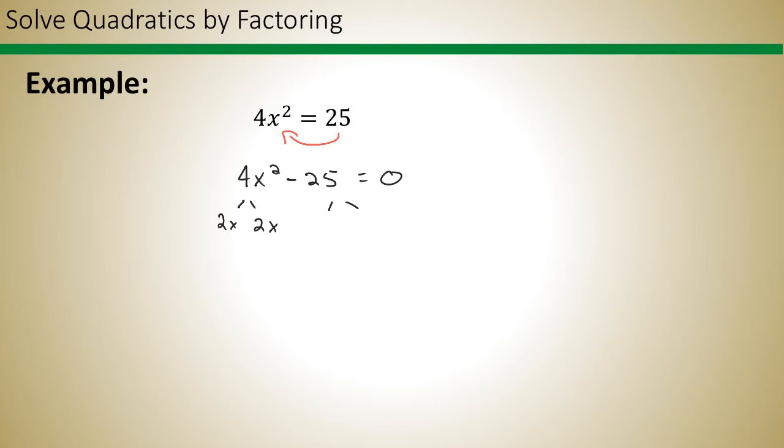This factor will break apart as 5 and 5. This one must be a negative. So my factors are 2x minus 5 and 2x plus 5. Okay, so now we just set each of those factors equal to 0.